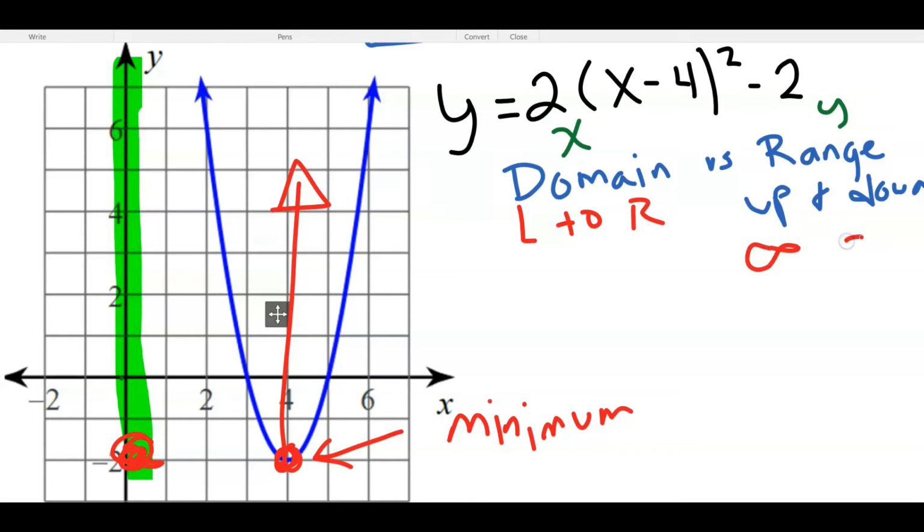Down is always going to be negative infinity. So if I'm describing this, I'm going to say that it goes from -2, it goes up forever. So we call that positive infinity, and that's how I would represent the range of this function.